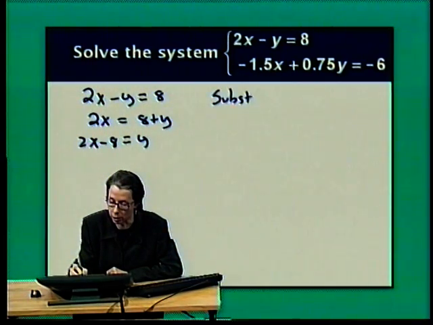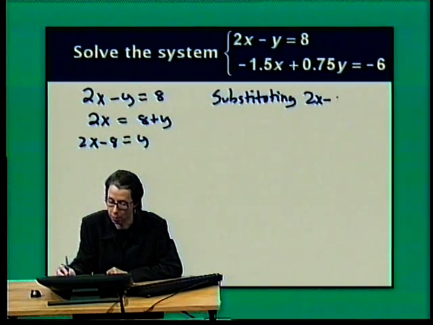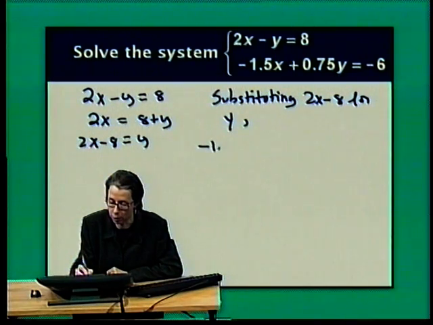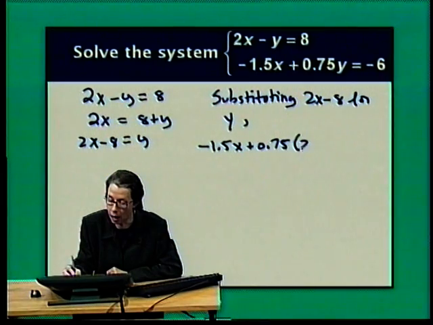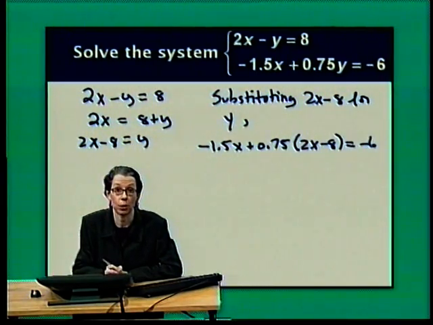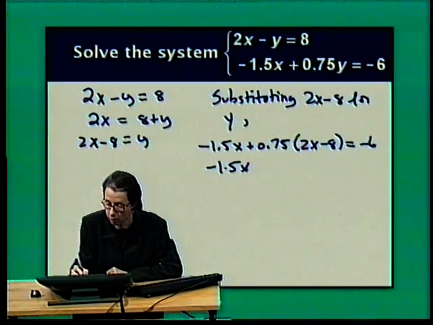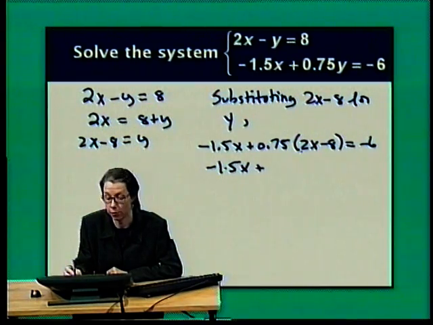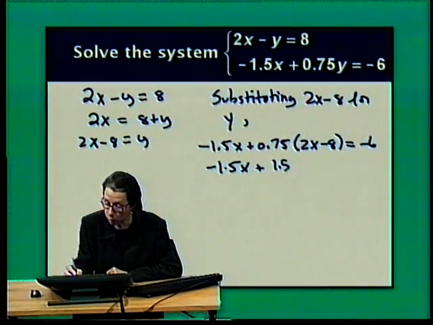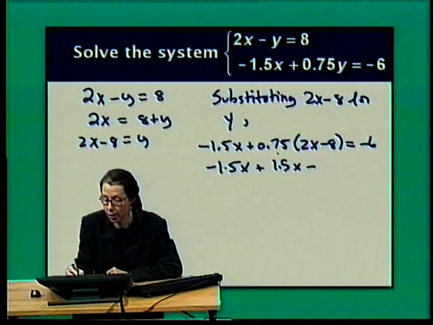So substituting 2x minus 8 for y, I have negative 1.5x plus 0.75y, which is 2x minus 8. That should equal negative 6. Let's solve for x. So 0.75 times 2, that's 1.5x, and 0.75 times 8, that's 6.